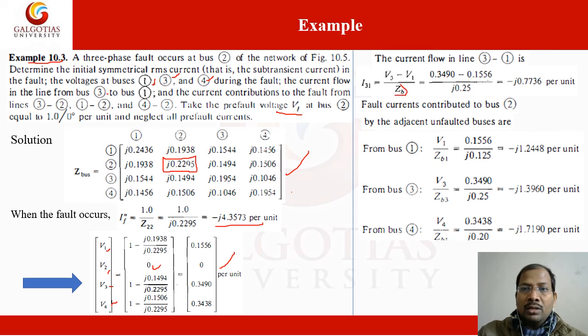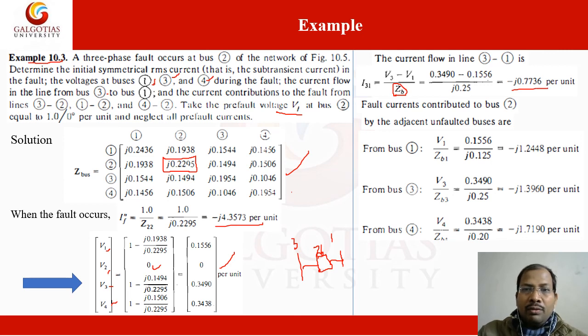ZB is nothing but the impedance of the transmission line connected between bus 3 and 1. The voltages we already know, and we divide by ZB, so we get this current.